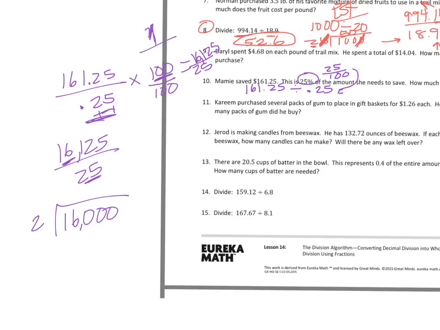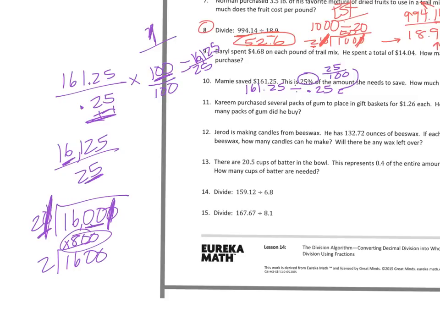I want to stay at 20 because I have a choice when I'm at the 5 for estimating, not for rounding, for estimating. I want to keep it at 20 because I know 2 can go into 16. So I'm dividing by 10 here by getting rid of my zeros, and I'm left with 16 divided by 2, which is 8, with 2 zeros after it. So my estimate is 800.